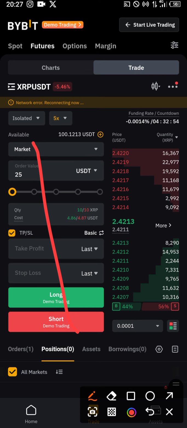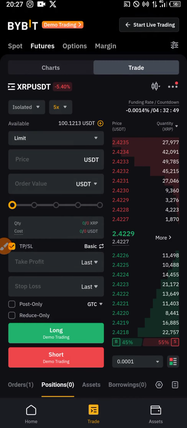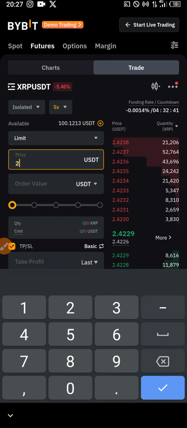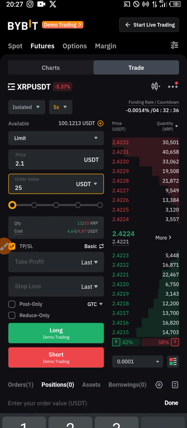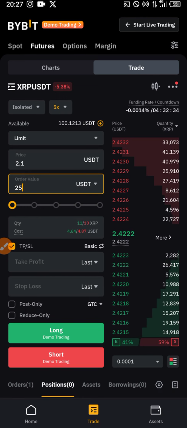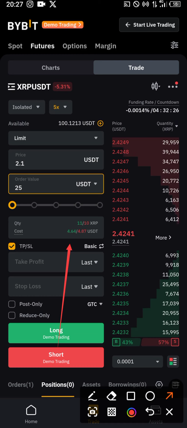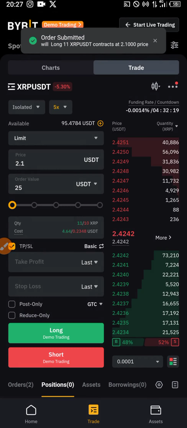Let's say I set a limit order, and I want to buy Ripple when it is at 2.1. I set my order value, and this is the cost. I click on long and place the trade. Remember, this is a limit order.